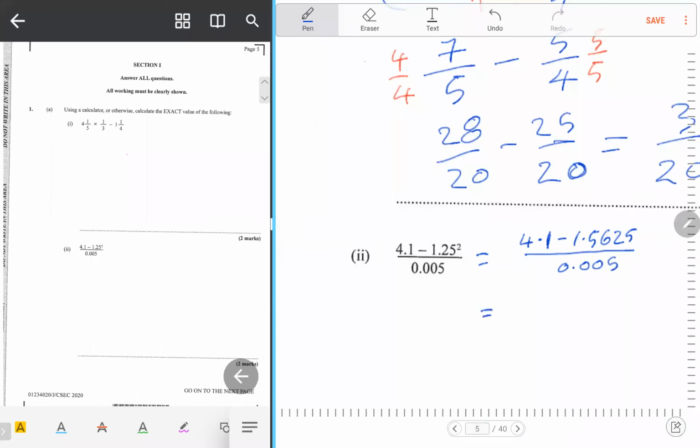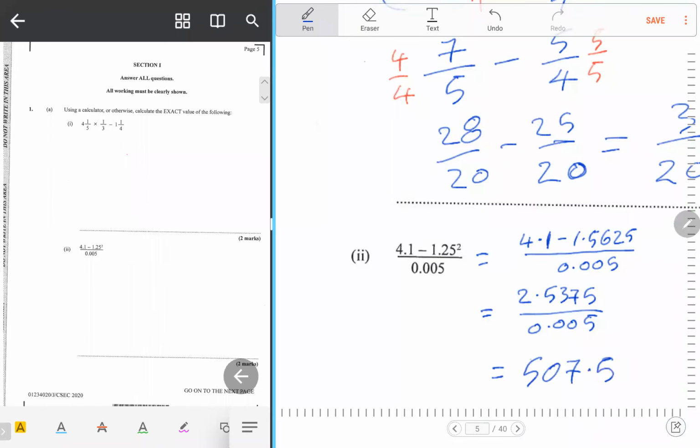And then I work out the numerator, which is to subtract that from 4.1. And that would be 2.5375 divided by 0.005. Now it's just dividing this by 0.005, and my answer is 507.5. That's what I'm getting.